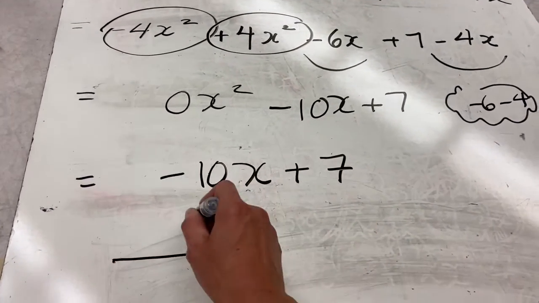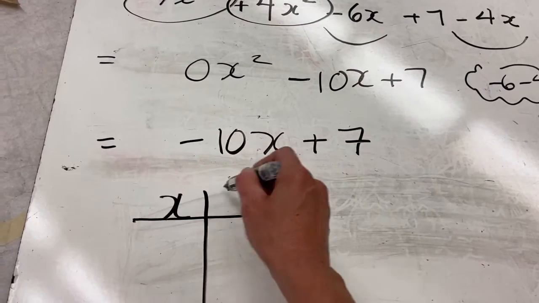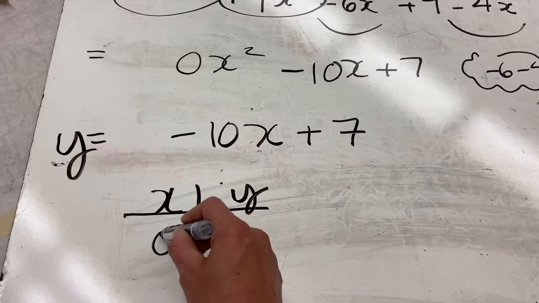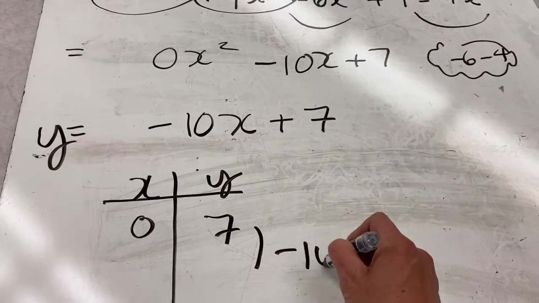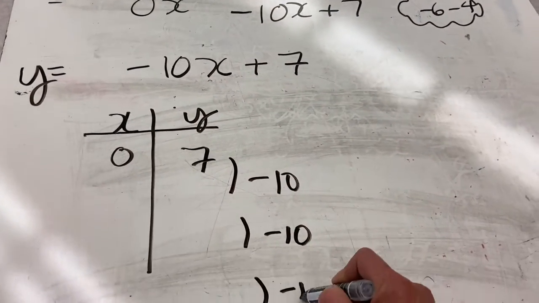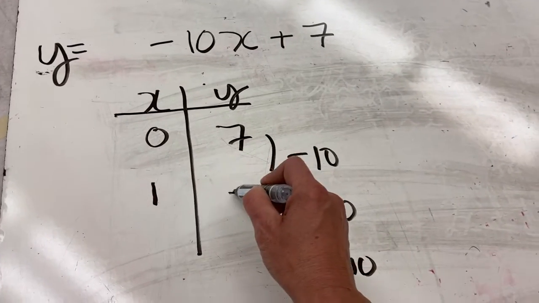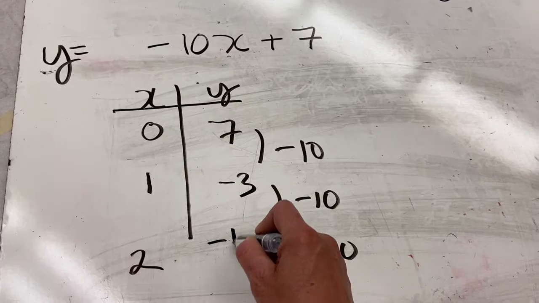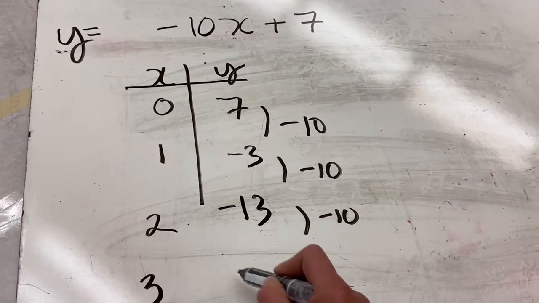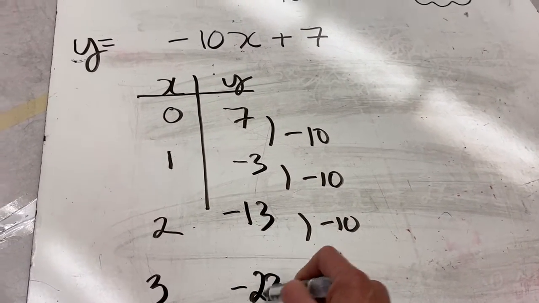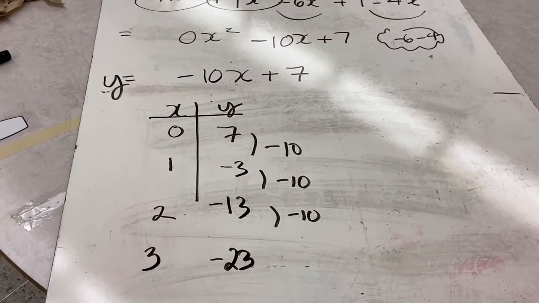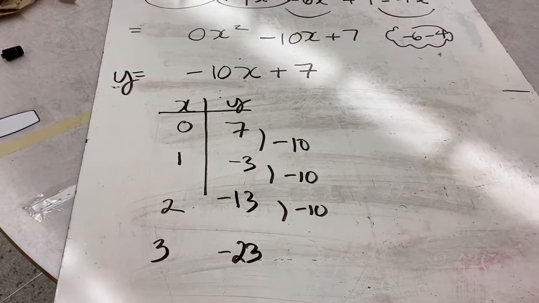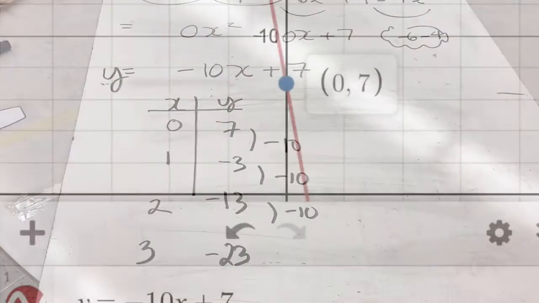So if this was equation y, it would start at 7 and then continuously drop down 10. So 1 is minus 3, 2 is minus 13, 3 would be minus 23. And that clearly is linear. It's always dropping negative 10. The slope is negative 10. It's always the same. It's constant.